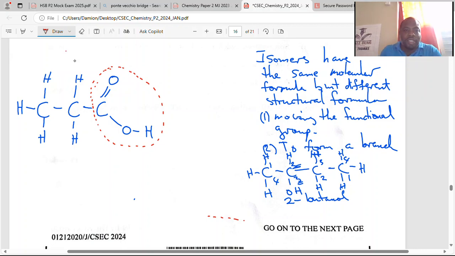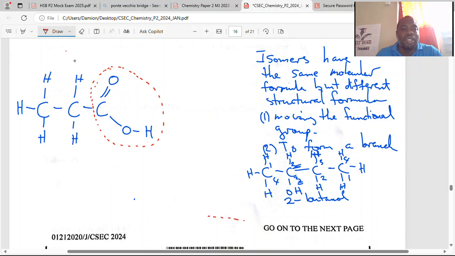So we know it's the carboxylic acid, and we know it based on this functional group. I've seen students ask me the question, but here's a double bond, why don't we call it an alkene? Just to clarify, the double bond has to be between two carbons.